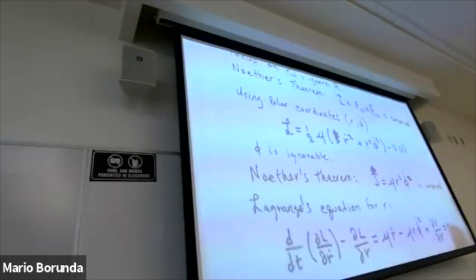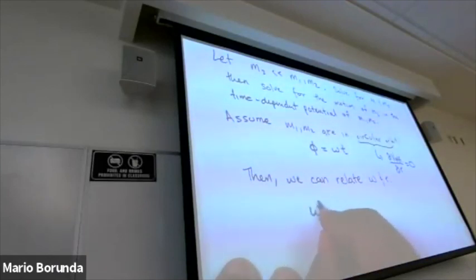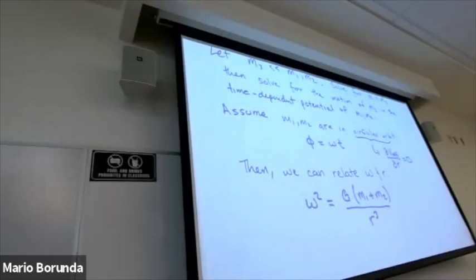This J1 gives us something that relates the time derivative. And therefore, we can rewrite and say that this angular velocity is related to this. And this is the special case of Kepler's law, one of Kepler's laws, for the circular orbit.